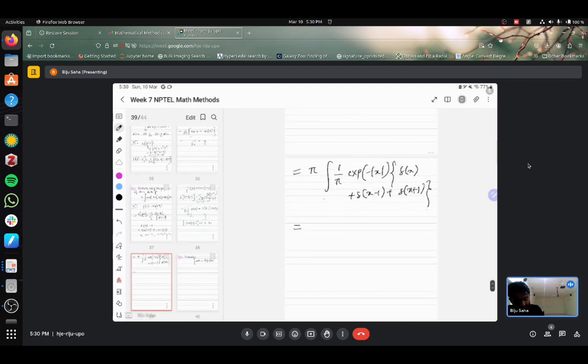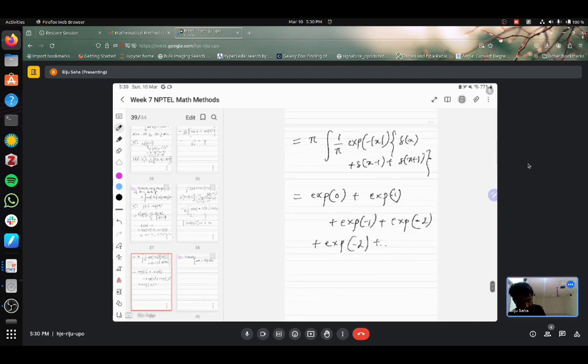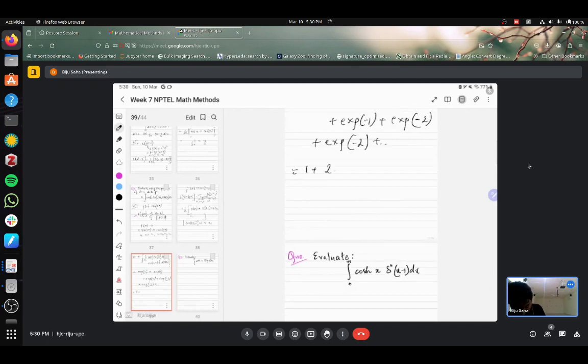So π and π cancel, and whatever remains is exponential of, first term is definitely exponential of 0, next term is exponential of minus 1, then exponential of minus 1. Yeah, there is always this minus present and mod of x. So the next term would be exponential of minus 2, exponential of minus 2, and so on. So basically you have 1 plus 2e^(−1), 2e^(−2), and so on.